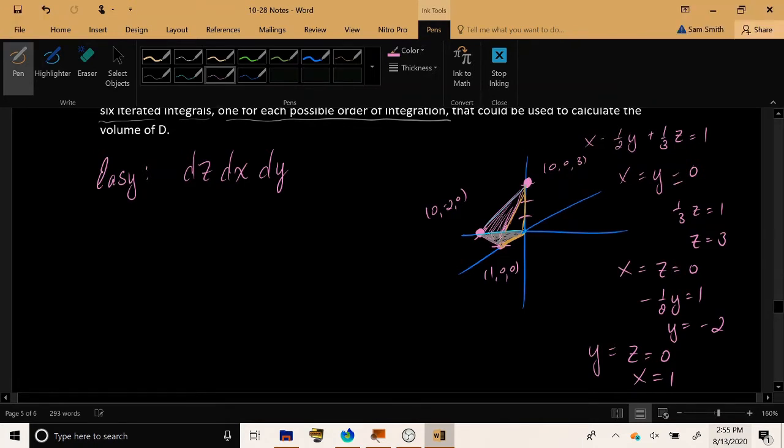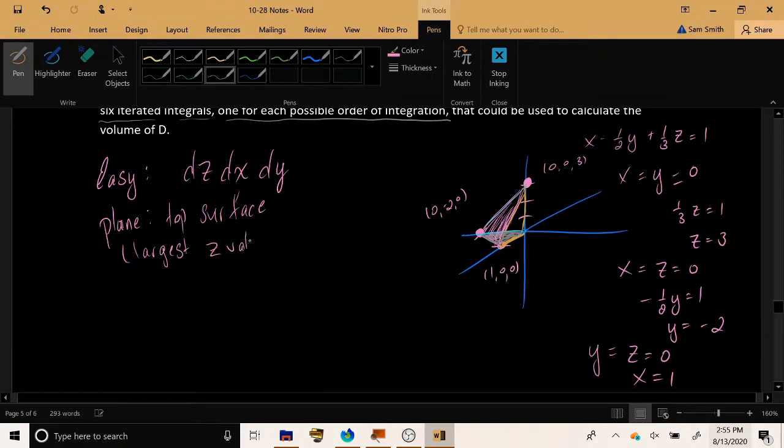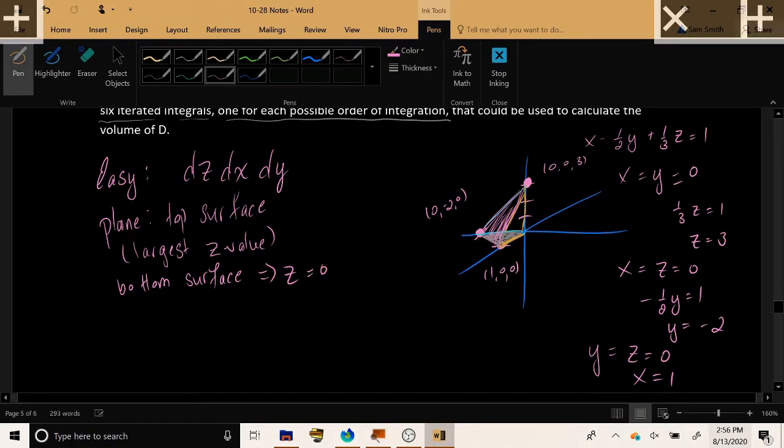Looking at this region, which looks a bit like a doorstop, like a wedge, or a slice of pie turned on its side, the plane acts as the top surface because it has the largest z value, whereas the bottom surface is given by z equals 0 down here, located on the floor, on the xy plane.